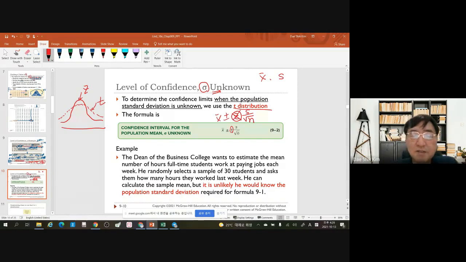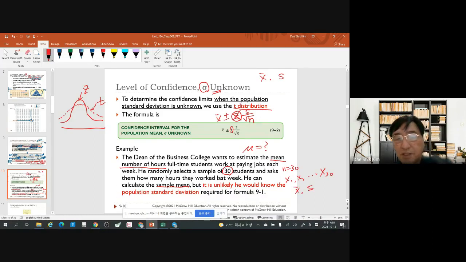For example, the Dean of the Business College wants to estimate the mean number of hours full-time students work at a paying job each week. Here n is 30. He asks how many hours they worked last week, and can calculate the sample mean from x1, x2, up to x30, and the sample standard deviation.